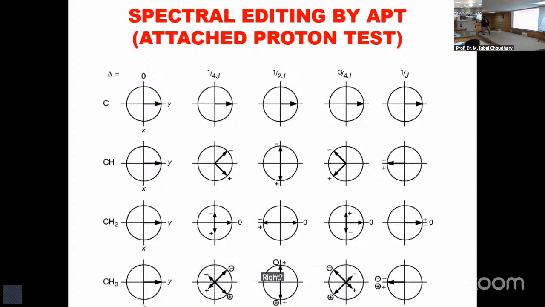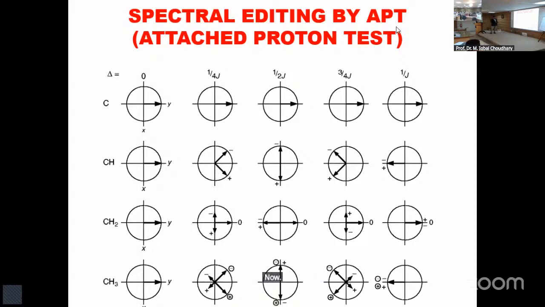So it is on negative Y. CH2 has 2 attached protons, is running fast as well, but it has only completed 1 circle. CH has only one neighbor, it has completed half a circle. And quaternary carbon remains there, because this is your rotating frame of reference.